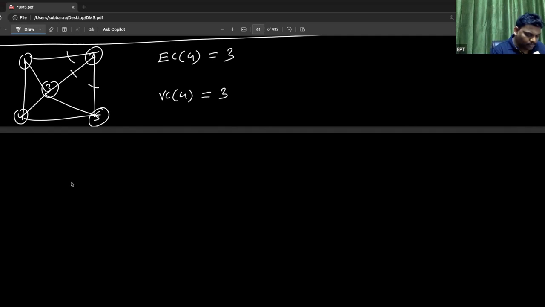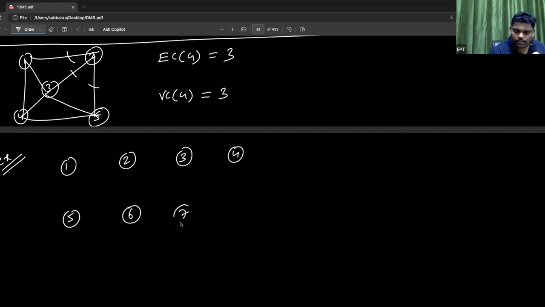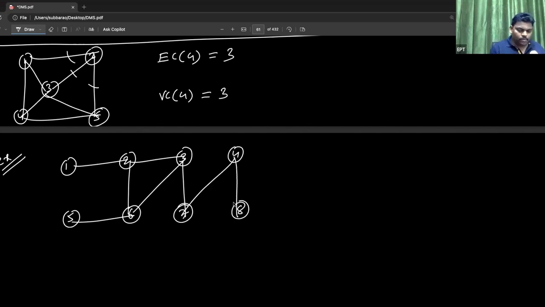One more diagram, last diagram. Can you see this also? One more example: the vertices are 1, 2, 3, 4, 5, 6, 7, 8. It is a given graph. Identify yourself the edge cover and vertex cover.